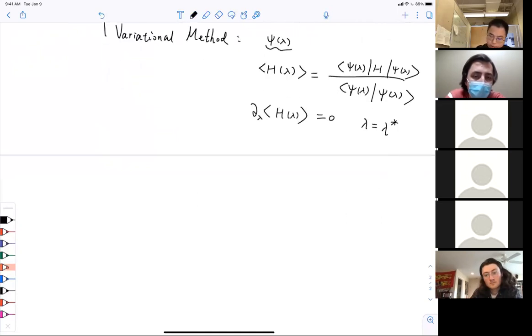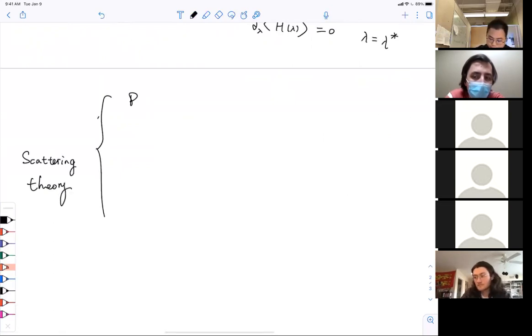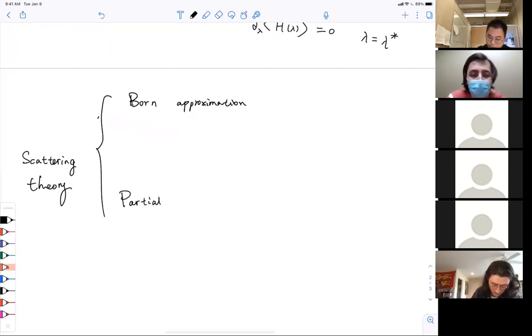Another part is the scattering, right? Like what we went through last week. There are two big topics. One is the Born approximation. And another method is the partial wave approximation.